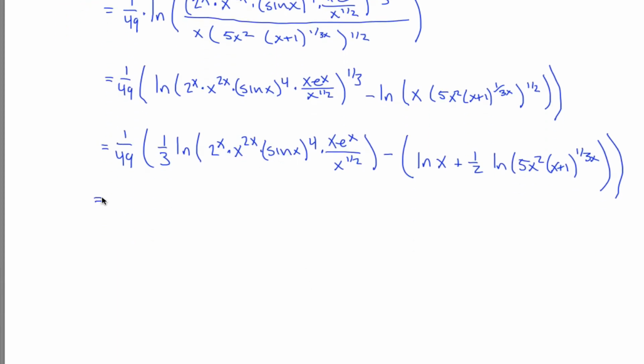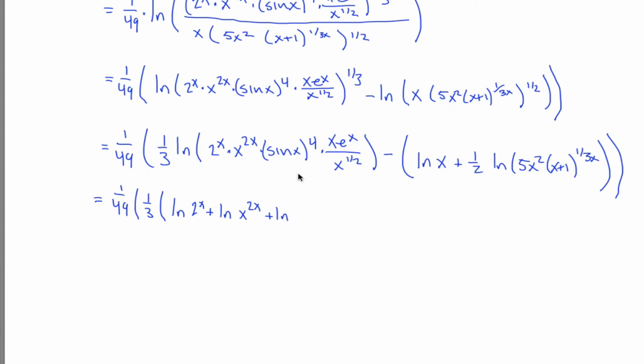Okay, still haven't done any calculus. Someday we'll be able to. 1 over 49 times 1/3 times the natural log of the product of a lot of different things is just the sum of all those different natural logs. So what I'm saying is I got the natural log of 2 to the x plus the natural log of x raised up to the 2x power plus the natural log.